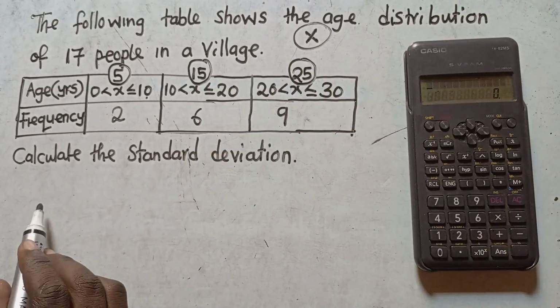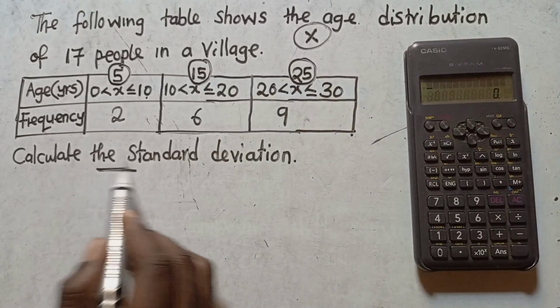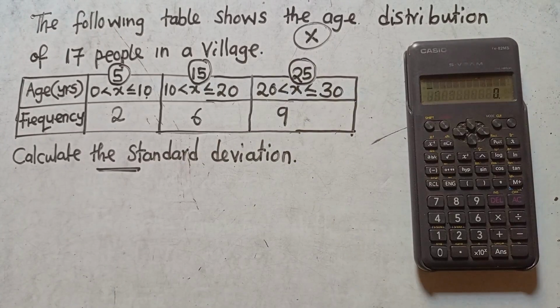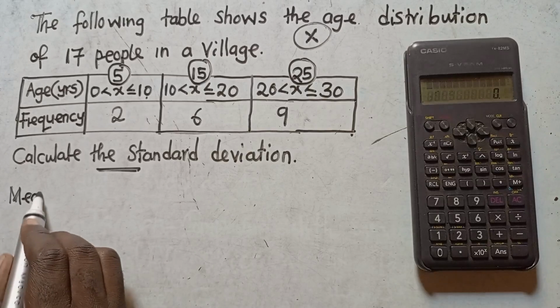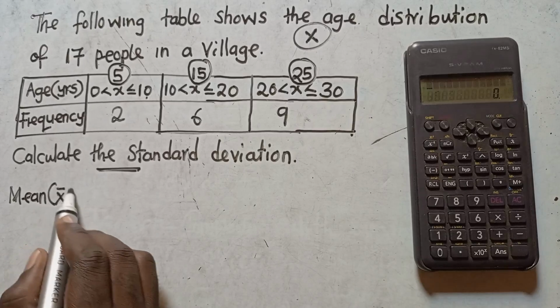Now, in calculating the standard deviation, I'm going to show you the easiest way to answer this particular question. To calculate the standard deviation, we first need to find the mean. How then do we find the mean?